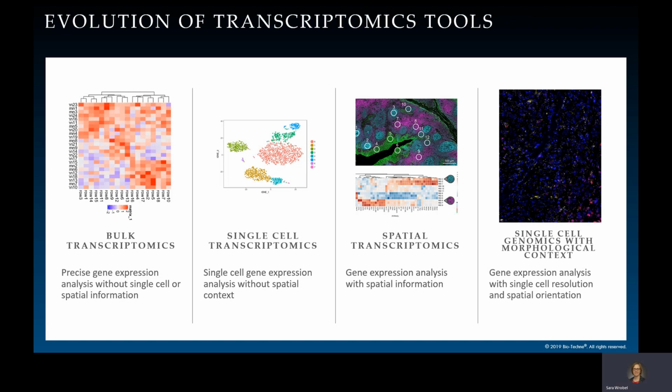And alongside all of these methods, the ability to analyze gene expression in tissue and cells with single cell resolution and spatial orientation sits alongside them as a technique which, applied with all of these, really gives a full picture and an understanding of gene expression.